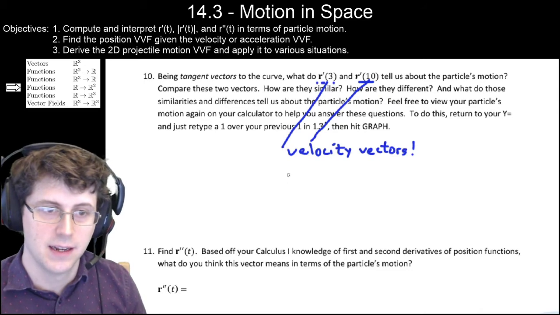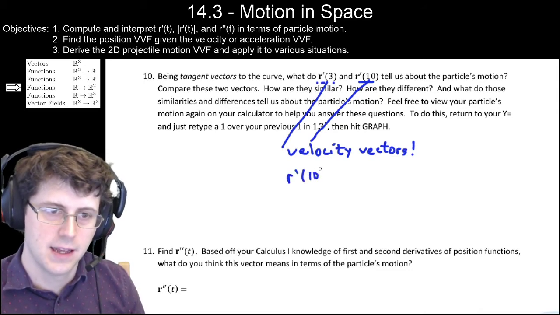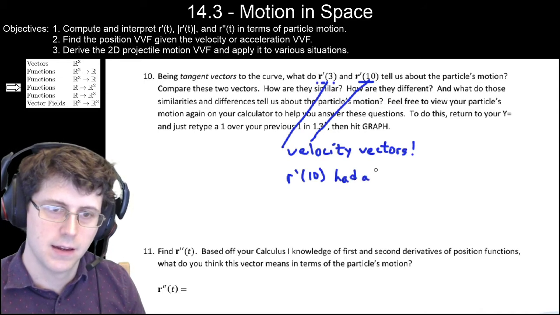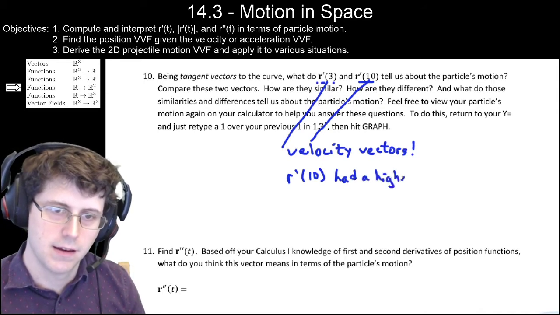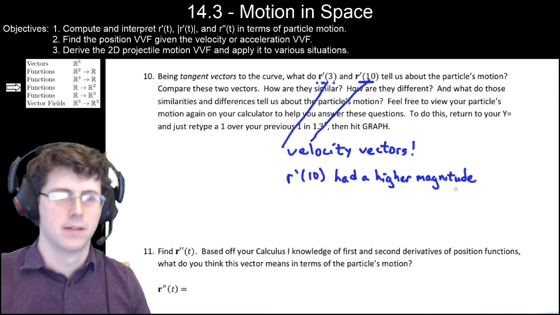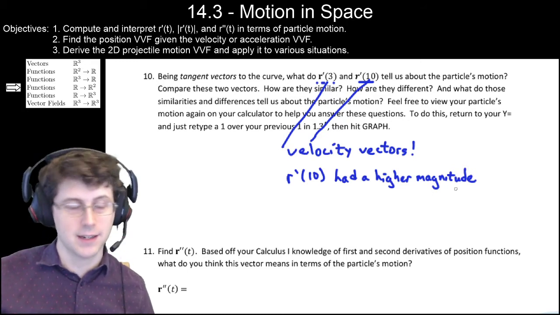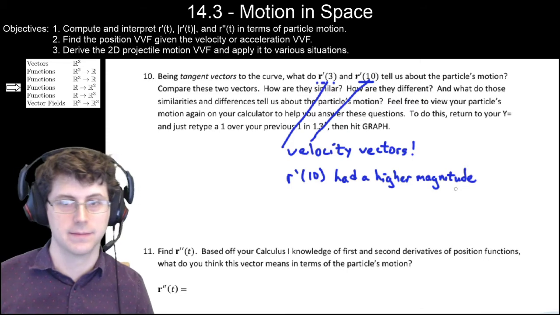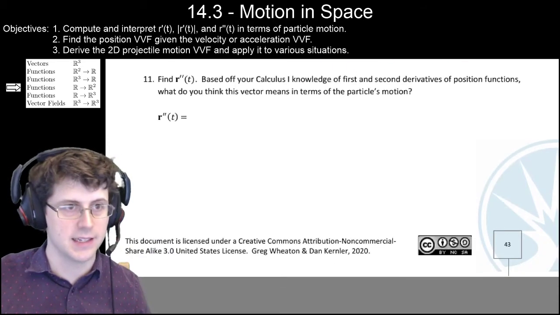How are they different? R prime of 10 had a higher magnitude. R prime of 10 was a larger vector, which means that the particle was moving faster. Okay. On to the next thing.